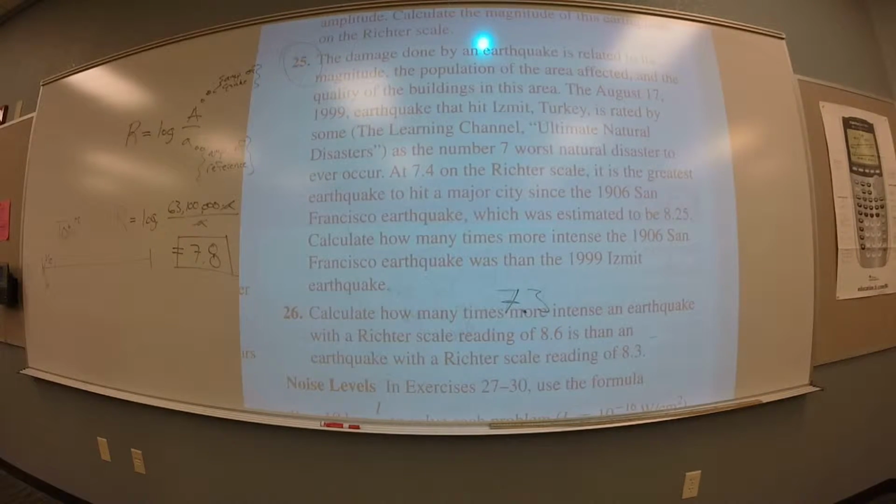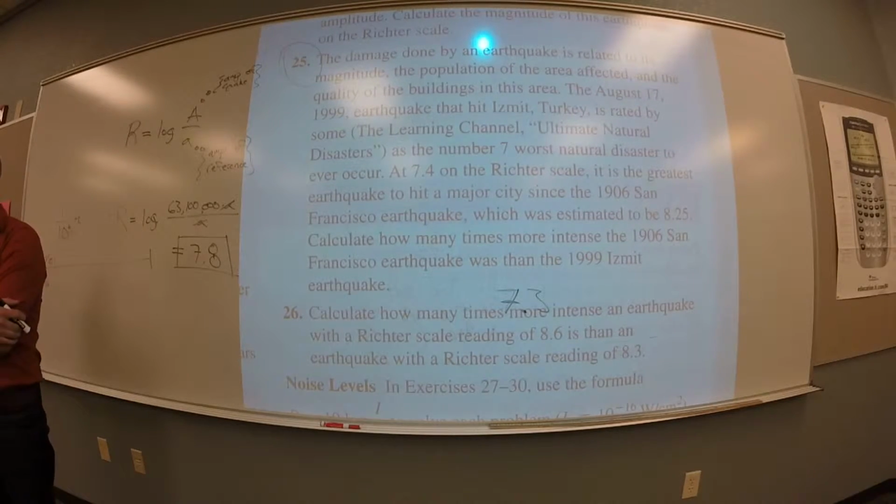It's the number 7 worst natural disaster ever to occur. So 7.4 on the Richter scale is the answer we got out of the log of the big A over the little a.